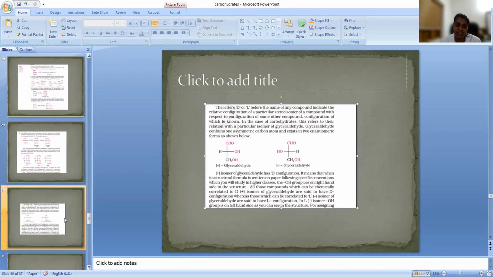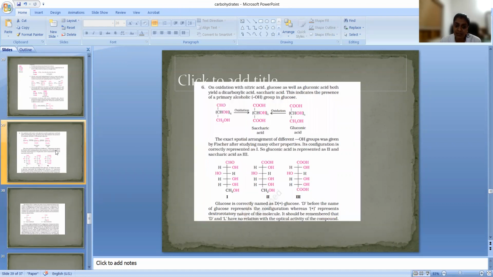So here also we can see in the glucose, glucose is D, because if you take only this part, that is the glyceraldehyde configuration, right? If the OH group is on the right side, then it is assigned as D. So glucose is D configuration, and it has a plus sign because its optical rotation is dextrorotatory.